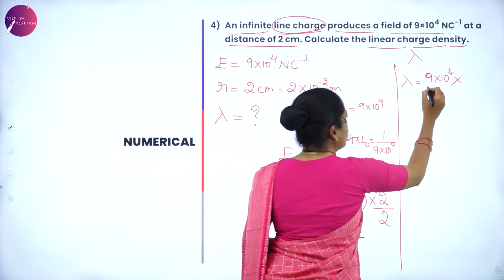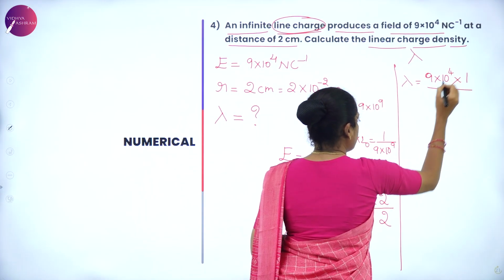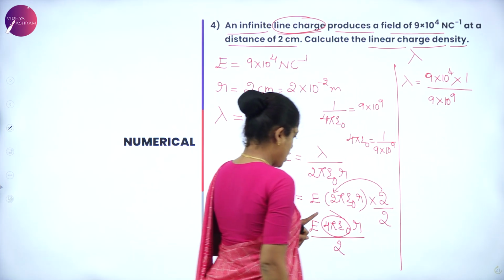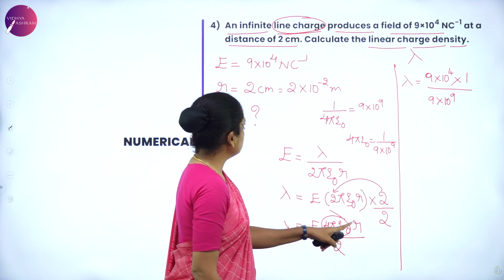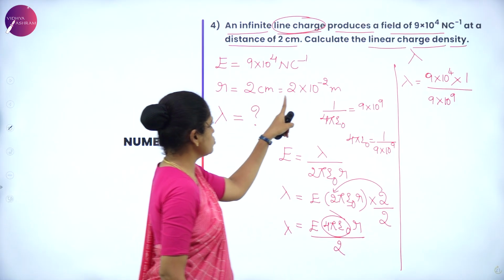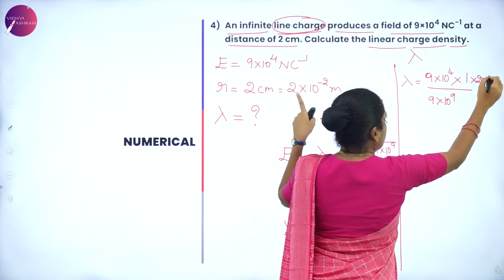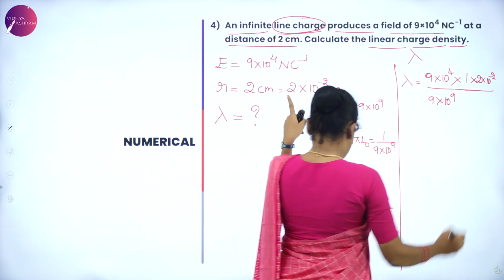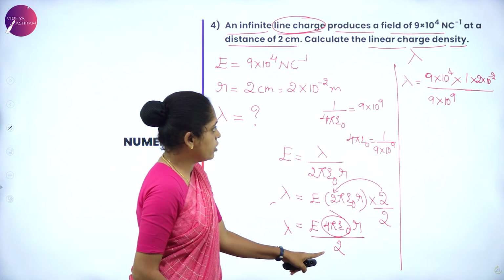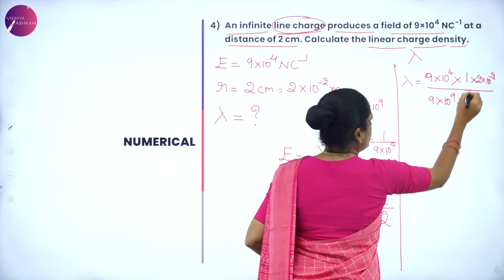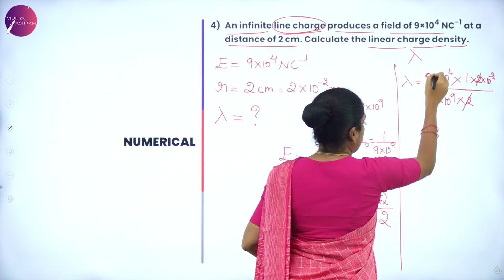And we have r in the numerator whose value is 2 into 10 power minus 2. Then in the denominator we have 2. 2 cancel, 9 cancel.